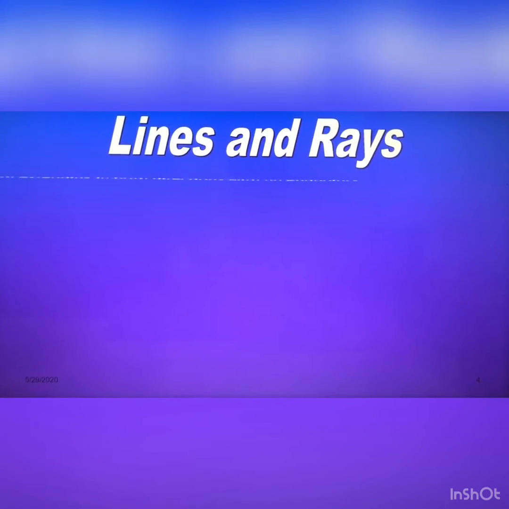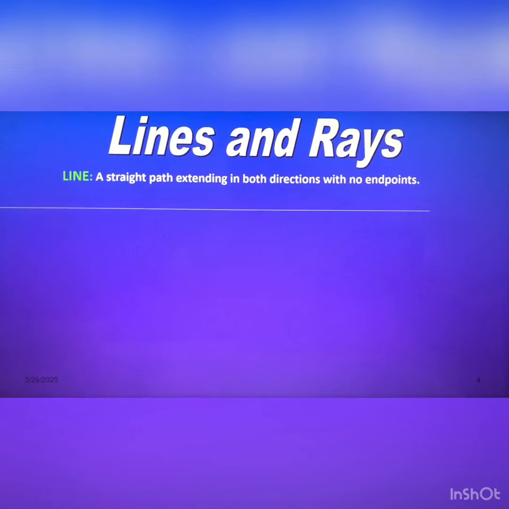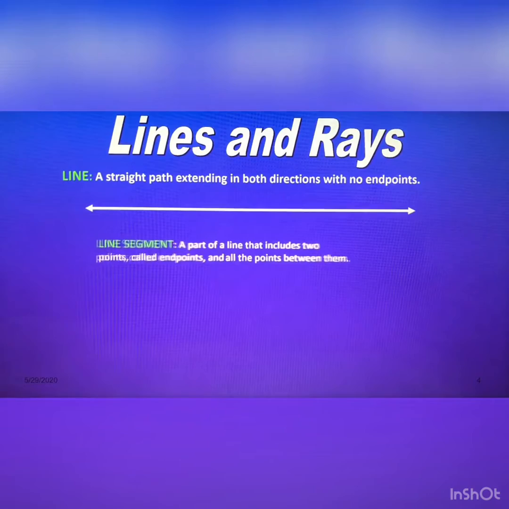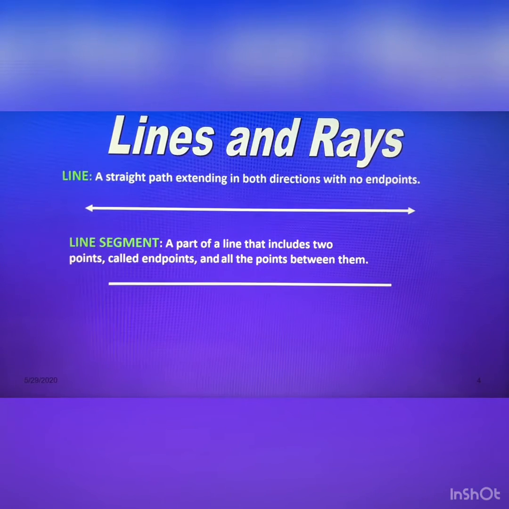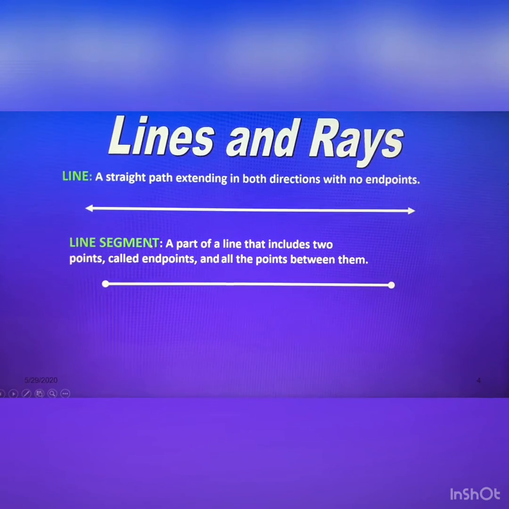Lines and rays. Line. What is a line? A straight path extending in both directions with no end points. You can see that this geometrical figure is known as a line. Line segment.